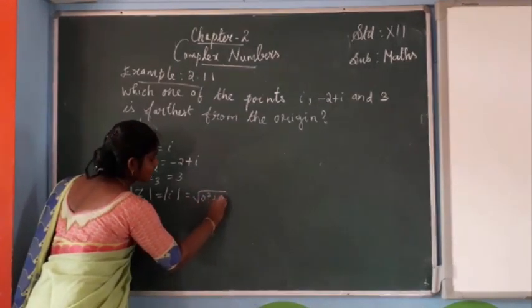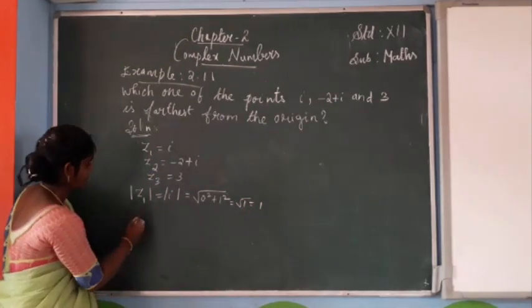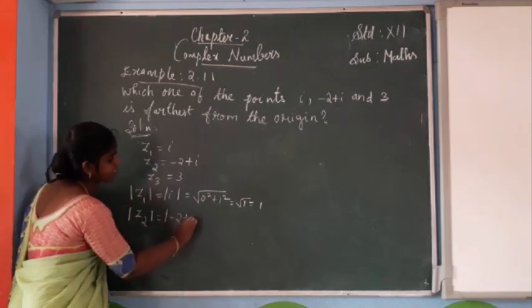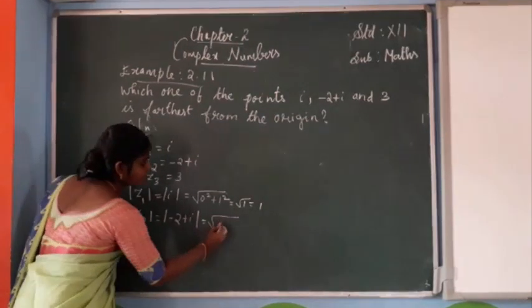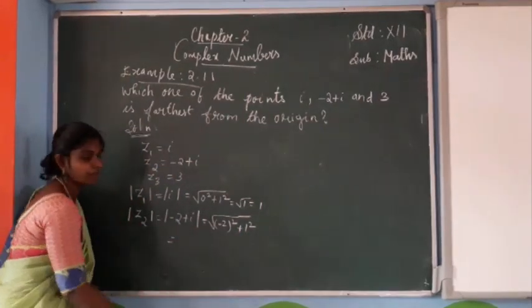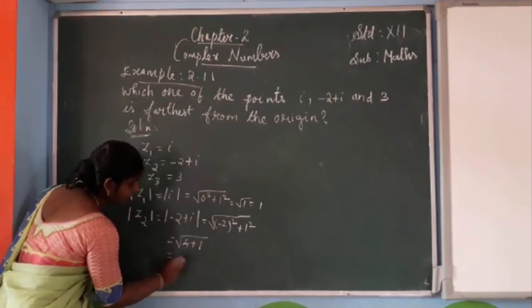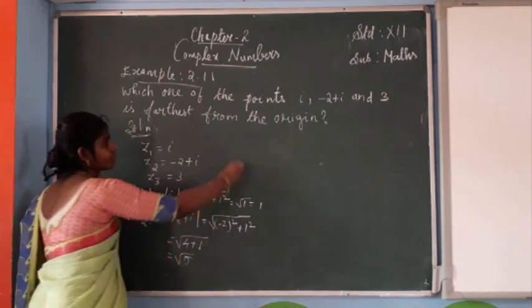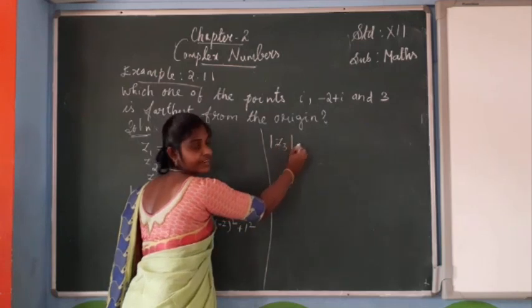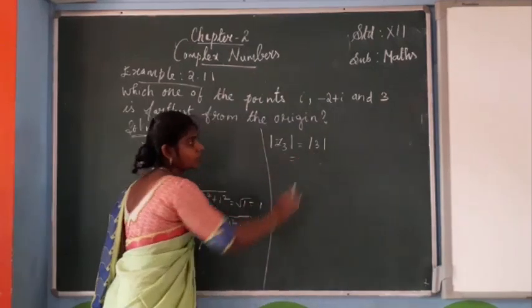So 0 square plus 1 square, that's equal to root of 1, that's equal to value is 1.